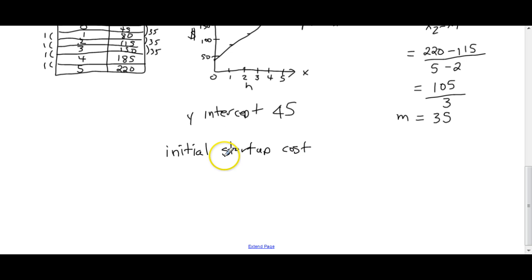Initial startup cost, or the initial amount of money that a client or a customer would have had to pay Loris, the electrician, just to show up to the house. Okay, so where it crosses the y-axis, that is the initial starting point. Okay, and then we have to explain what that means. Okay, so that is what the y-intercept represents.